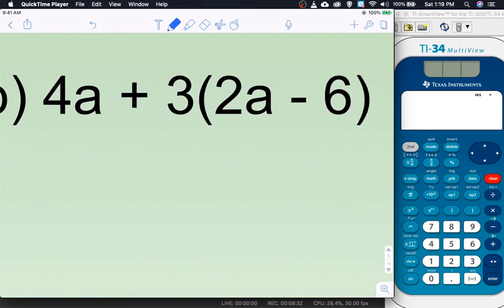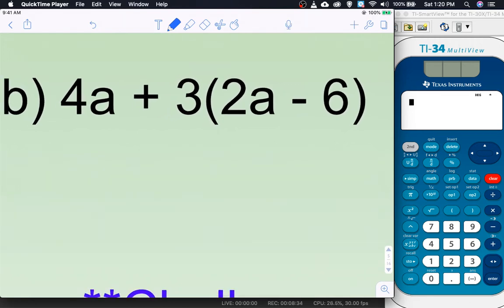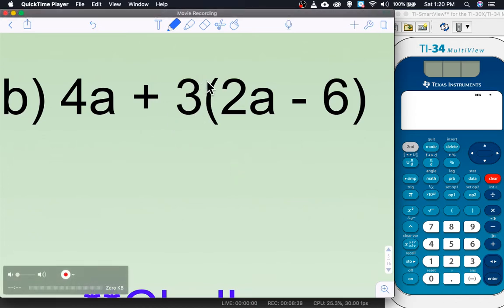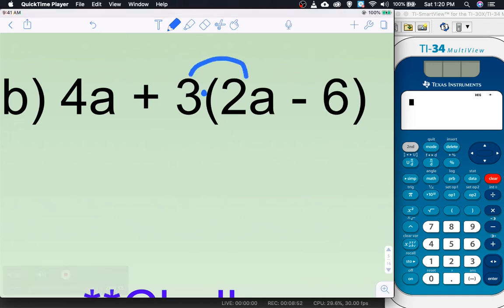Letter B. So, first step, get rid of our parentheses by distributing. I can distribute this outside 3 through. This is a 3 times, there's a little invisible multiply dot, 3 times the stuff in the parentheses. So I'm going to take the 3 times the 2a and the 3 times this minus 6. 3 times 2a is 6a.